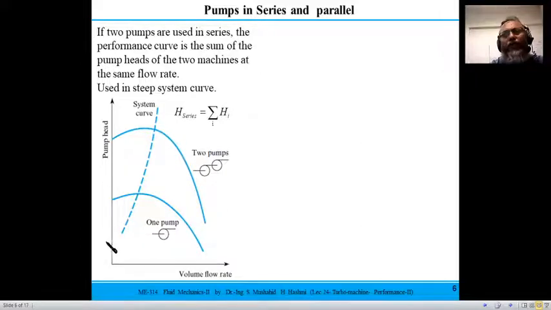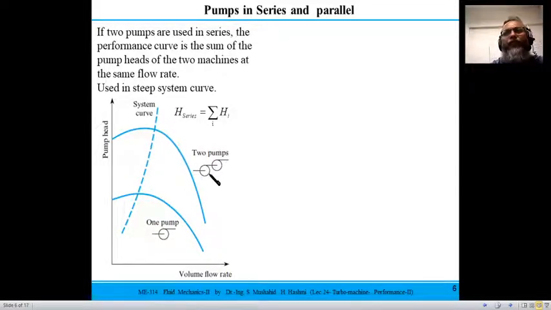And then you have to see how your system curve is going. This series arrangement is to be used when your flow rate is not changing much, but your head requirement is much higher. So you need to increase the pressure head, or you need to lift to more height.